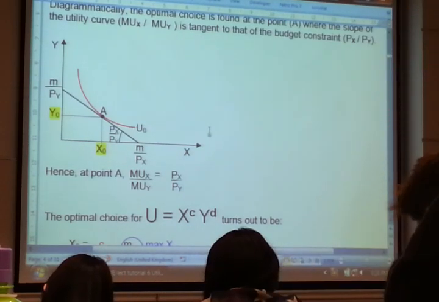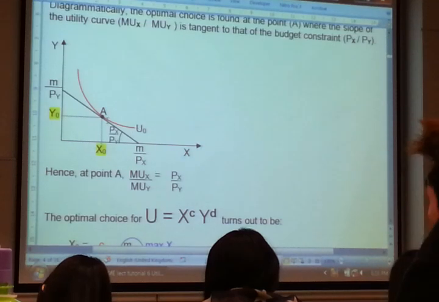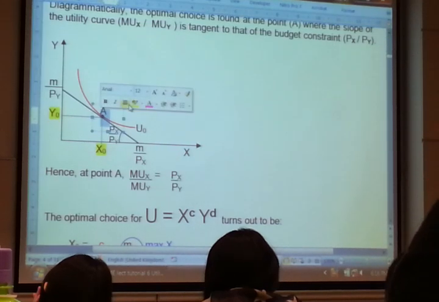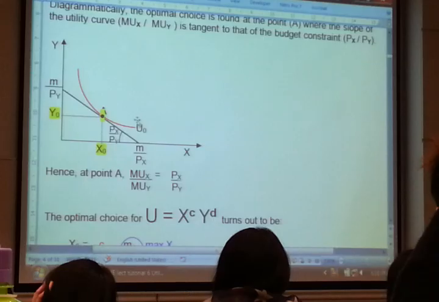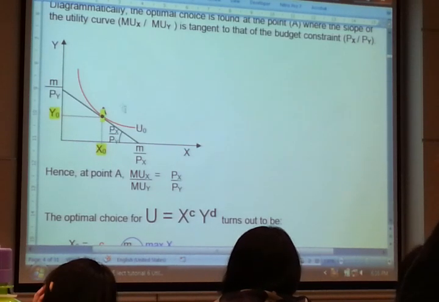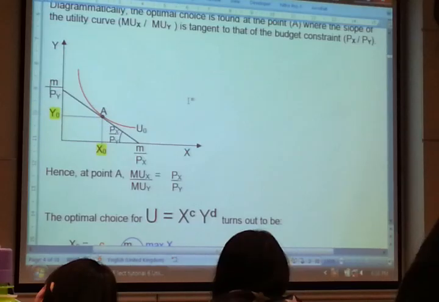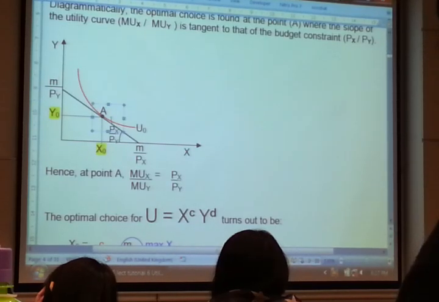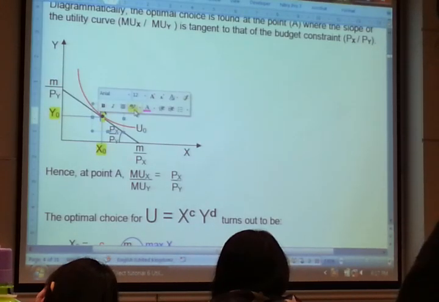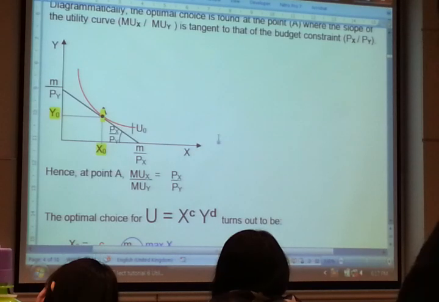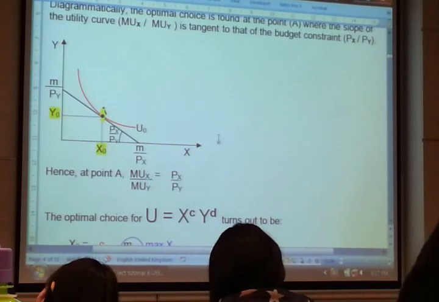Now first, this is the bundle here, right? That means if we wish to find x naught and y naught, you have to find the mathematics at this point. Now at this point, first, the values are the same.